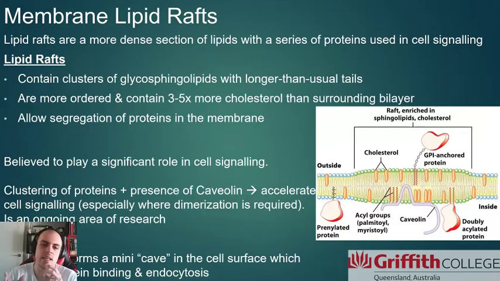Essentially, these lipid rafts are just more dense sections of lipids that have a series of proteins, glycoproteins or glycolipids adhered to them. And they can move as a cluster around the cell surface.